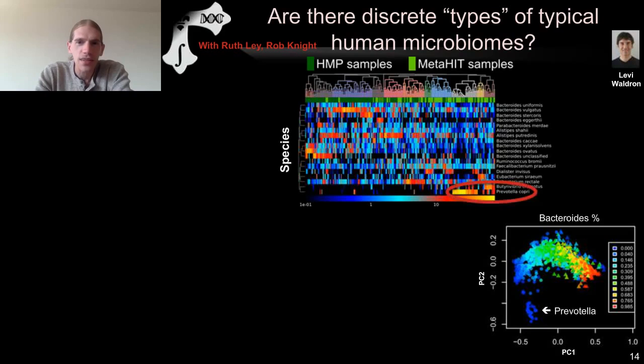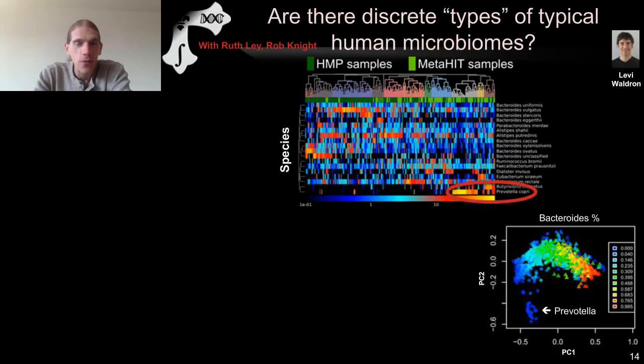The exception is this outgroup here, which are individuals that tend to carry specifically members of the genus Prevotella. So this is something that occurs pretty reliably across Western populations. Other parts of the world are a little bit different in terms of gut microbial ecology. But in this particular case, we have a subset of about 10% of the population that looks more like the vaginal microbiome organization.